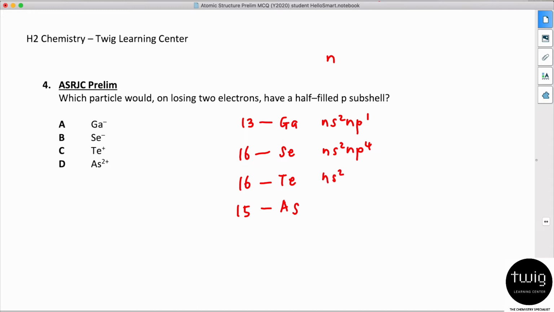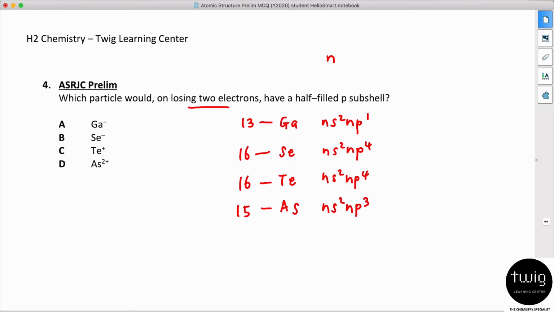Same for tellurium, and this will be NS2 NP3, right? Because there are 5 electrons in the outermost shell. N represents the outermost shell. Okay, so they say on losing 2 electrons, we will have a half-filled p subshell.